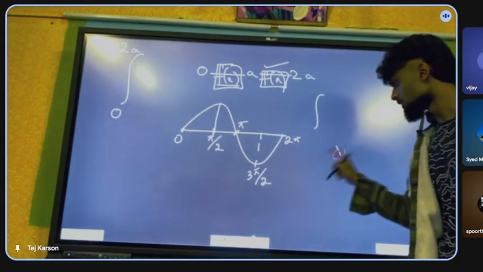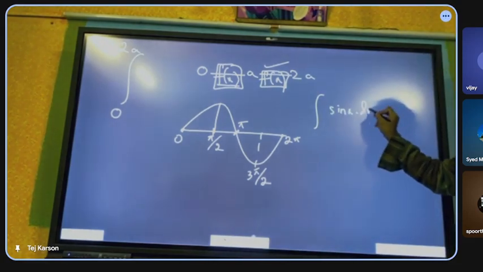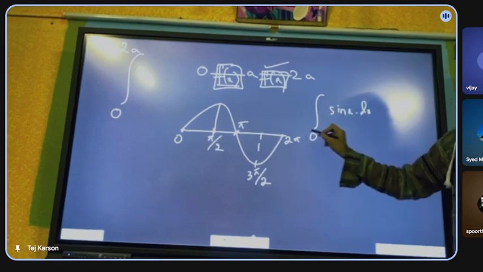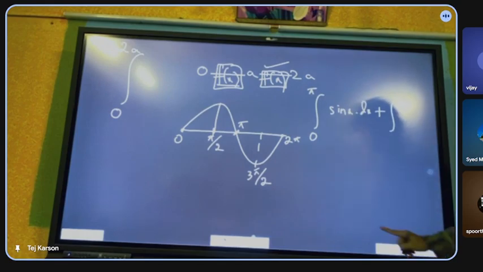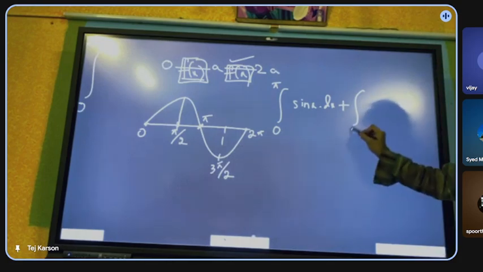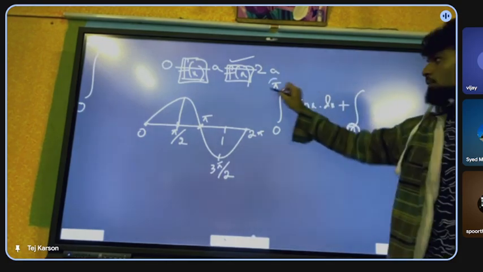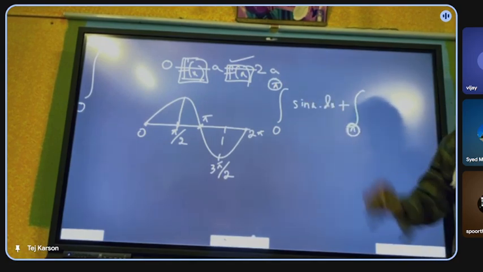Sine function. So the sine function, according to me, first travels from where to where? 0 to pi. Later travels from where to where? Pi to 2 pi. So can I tell the lower limit of the second one is the same as the upper limit of the first one? That has to be followed.